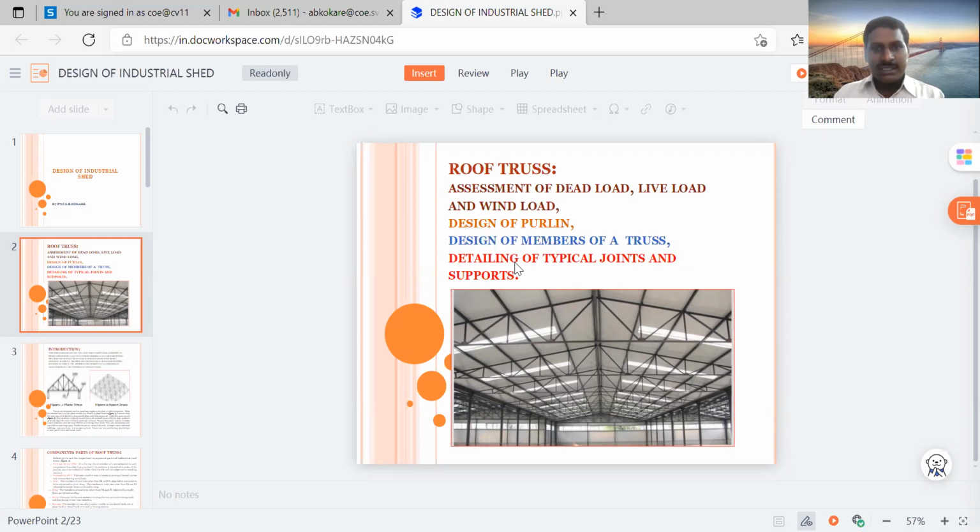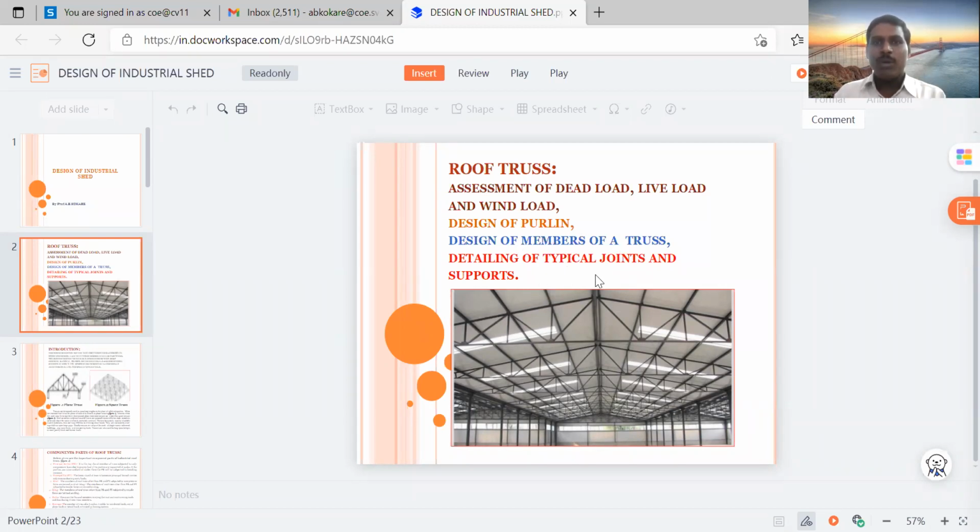Again, we have to design the members. It means whatever triangular members are in the truss, those members we have to design. That member may be a tension member or compression member. So we have to follow the procedure of design of tension member and compression member, and we have to design the members. And again, we have to provide the detailing of the joints and supports.